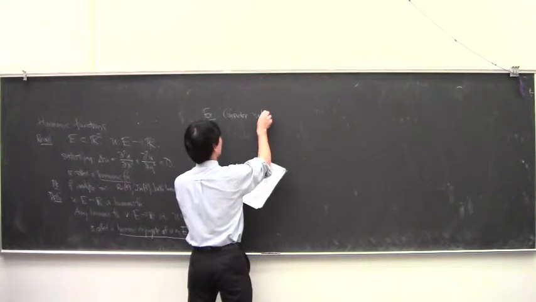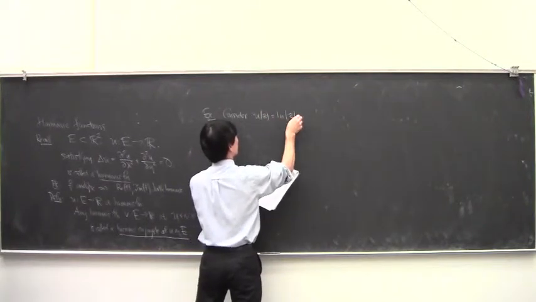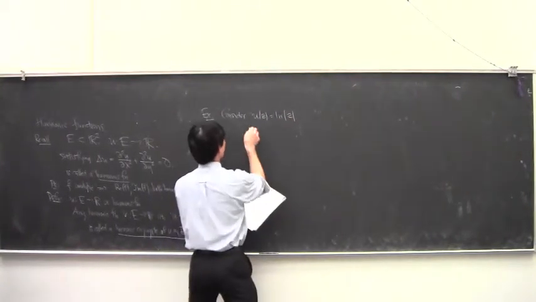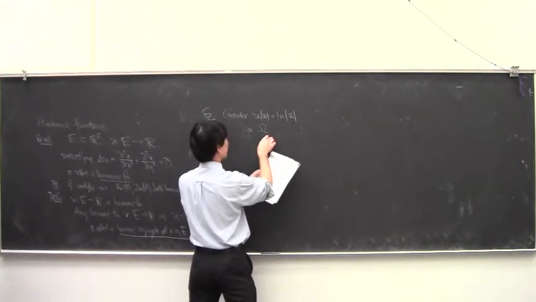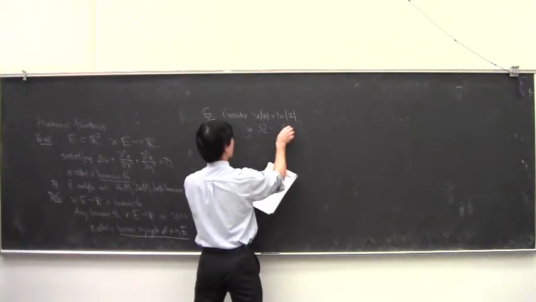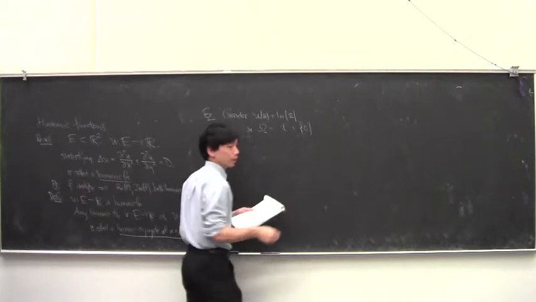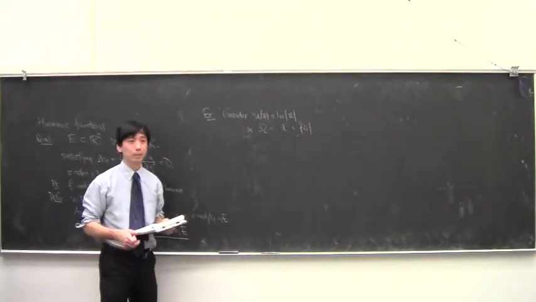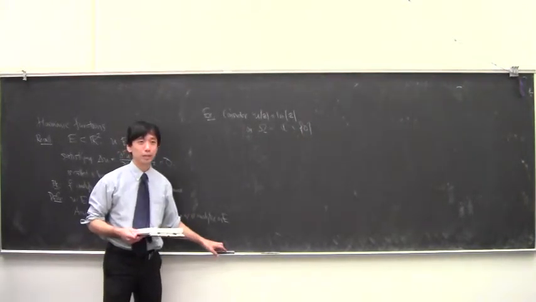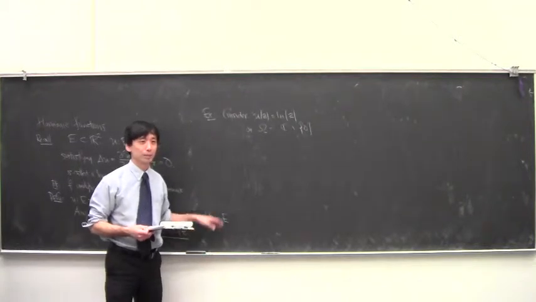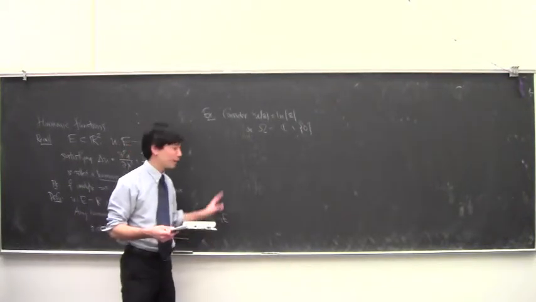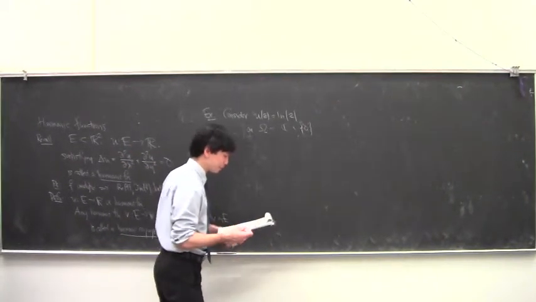Consider this function, the natural log of the modulus, on the complex plane with the origin removed. So it's not a simply connected domain, and we suspect we're going to run into trouble.